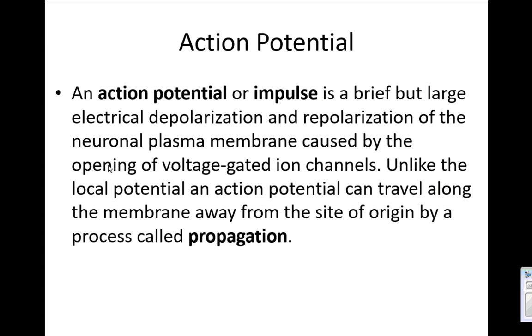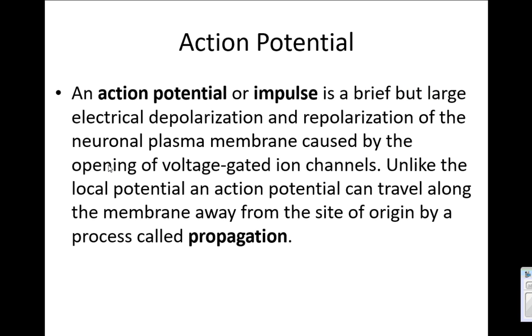Action potentials or nerve impulses are brief but large electrical depolarizations and repolarizations of a neuron's plasma membrane due to the opening of voltage-gated ion channels. Unlike a local or graded potential, an action potential can travel along the membrane away from its site of origin by a process we call propagation.